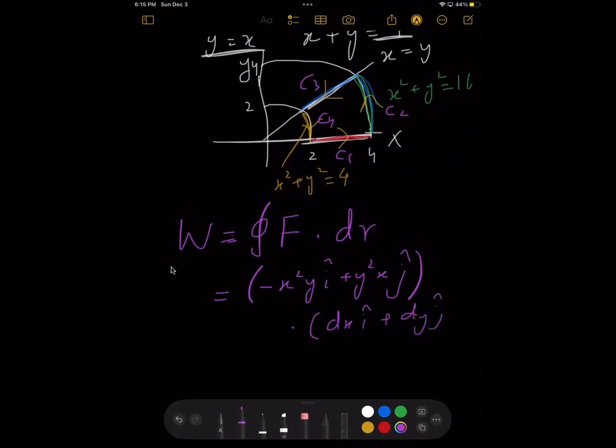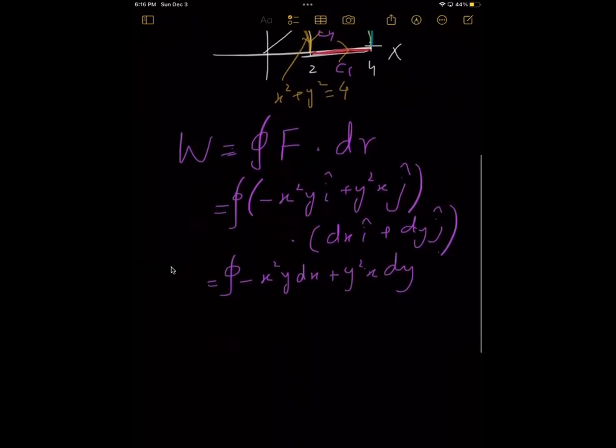Taking the dot product, it becomes minus x squared y dx plus y squared x dy. So we have simplified it. Now we will solve it for the curves.